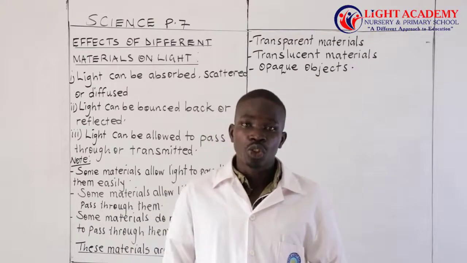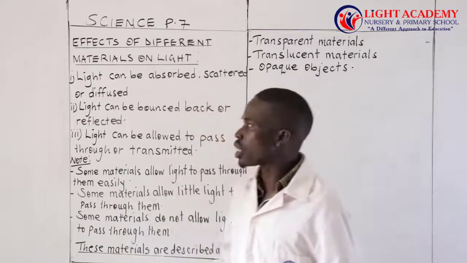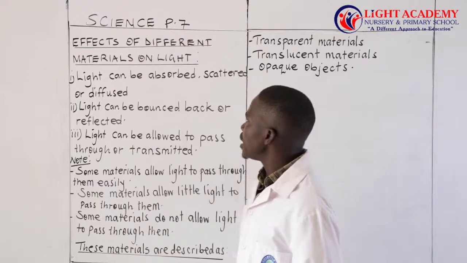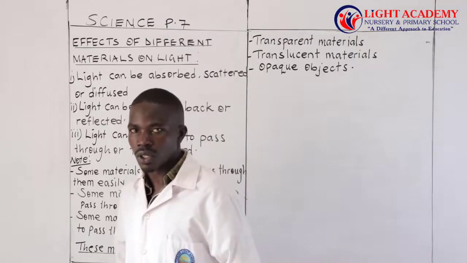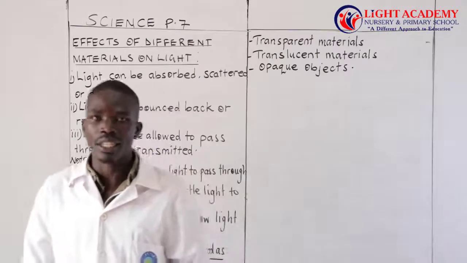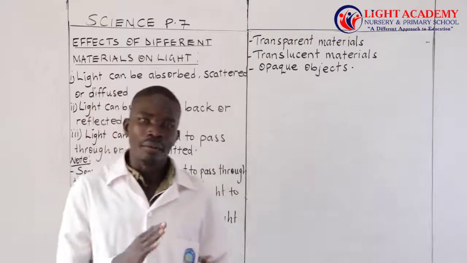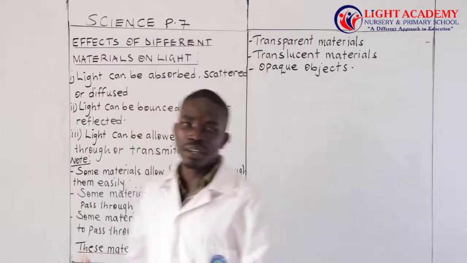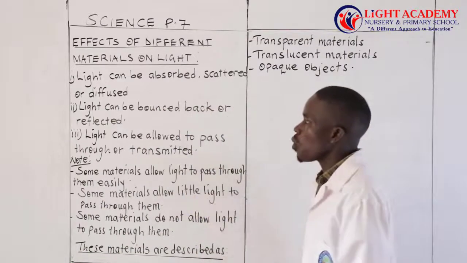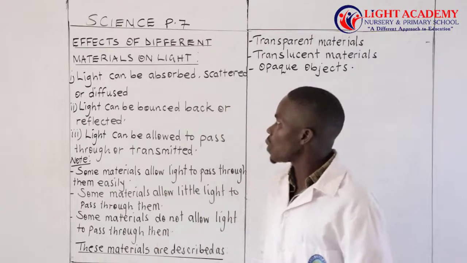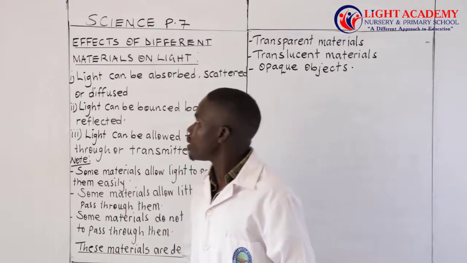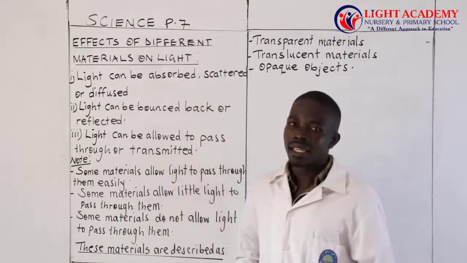But today we are just going to look at what we call the effects of different materials on light. Let's just bring this specific area. Why do I bring it back? It is to see how we can do it. Primary 7, we are looking at effects of different materials on light.